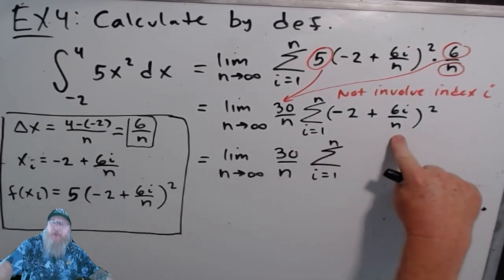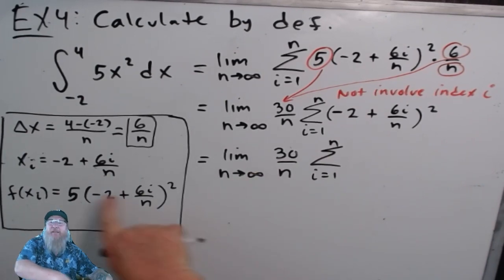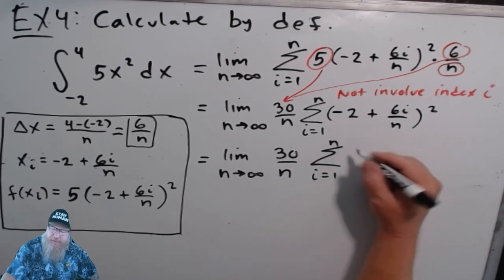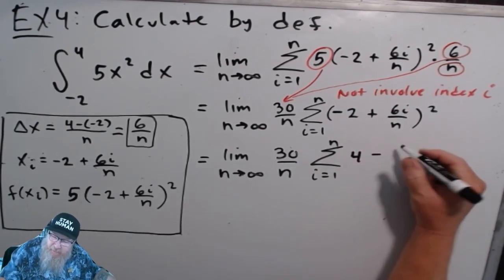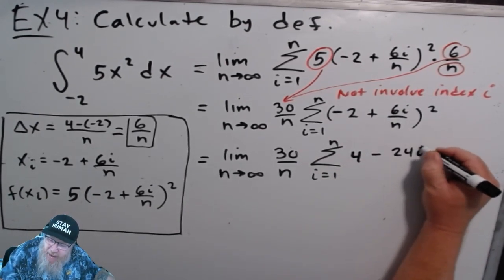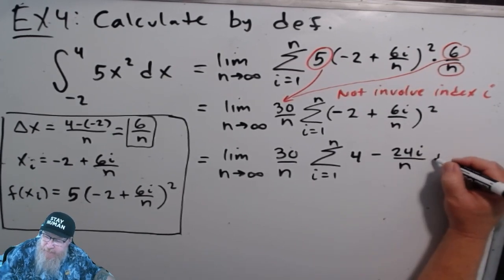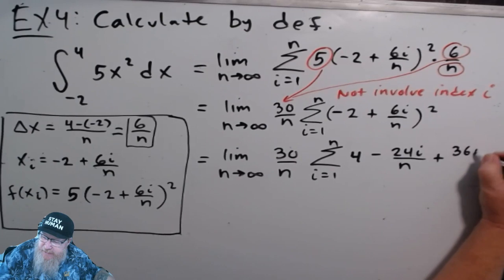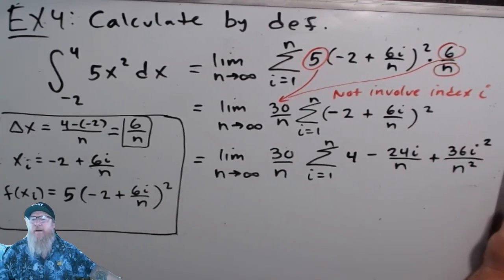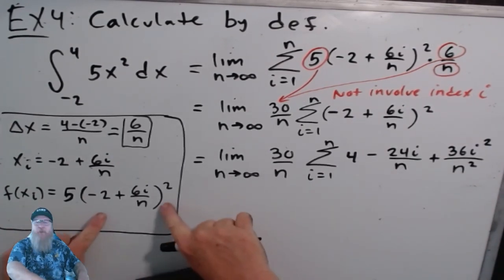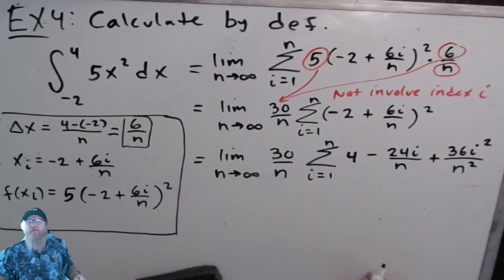And here's what I meant earlier. I waited to multiply this thing out, but now I have to do it. So it's going to be 4 minus 24i over n plus 36i squared over n squared. This is what I would have got if I would have done this multiplying sooner.